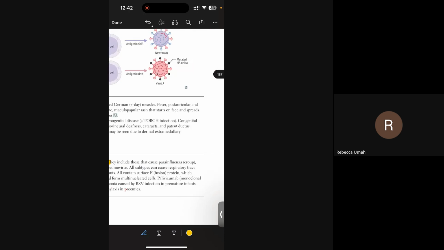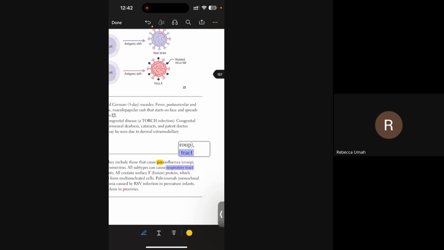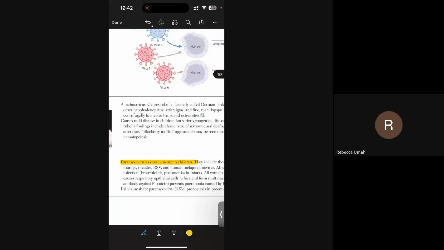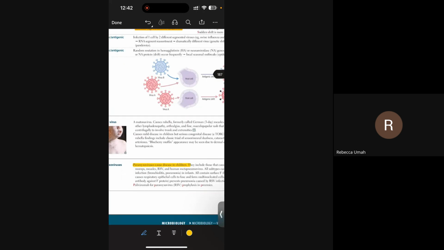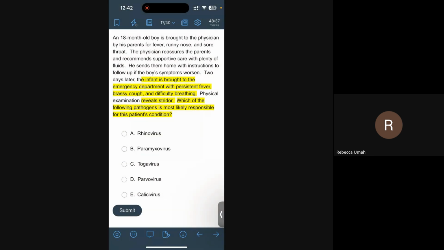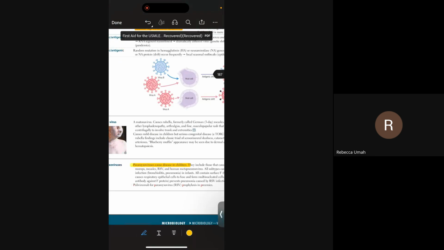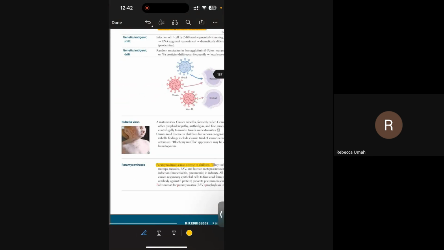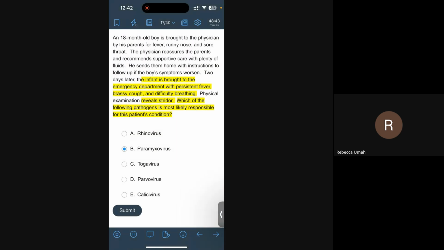They include parainfluenza viruses, measles, mumps, RSV, and human metapneumoviruses. So what will be the answer here? Paramyxoviruses, because parainfluenza virus is a type of paramyxovirus. It is not rhino, toga, or parvo.